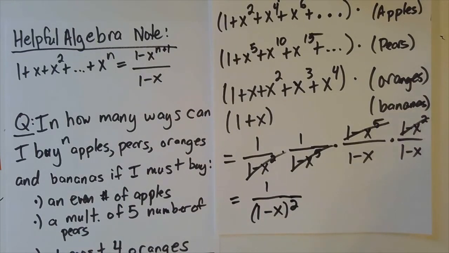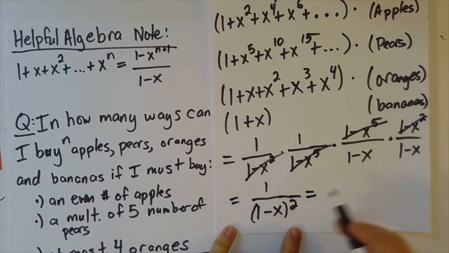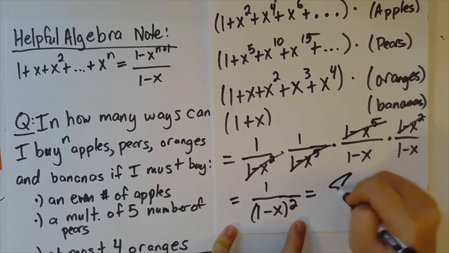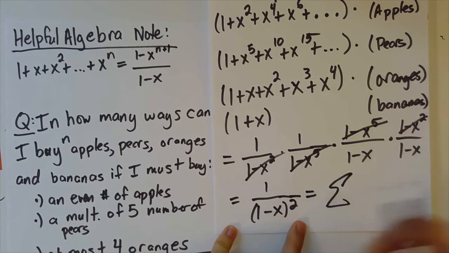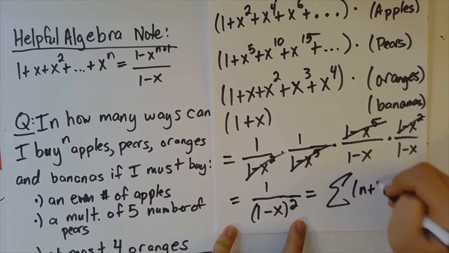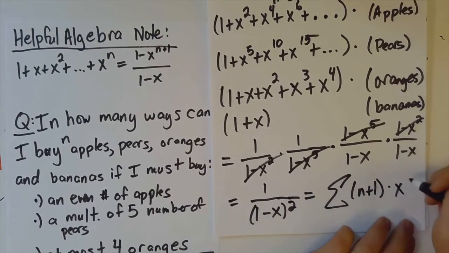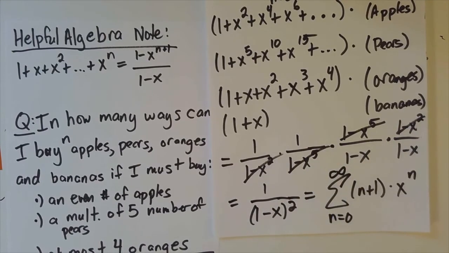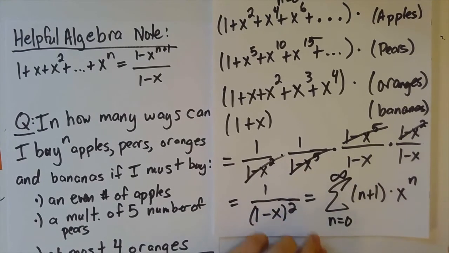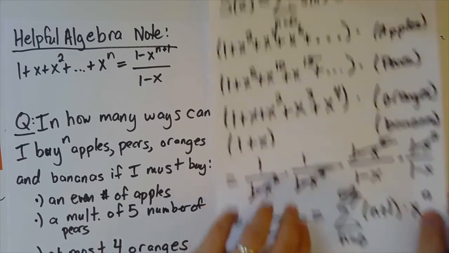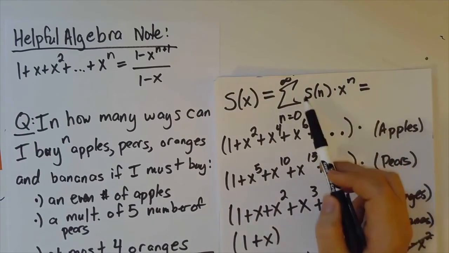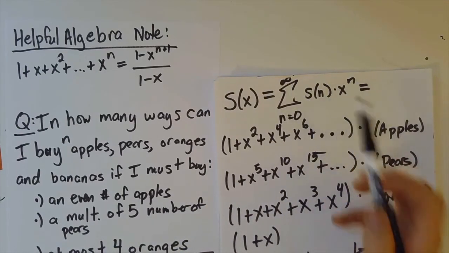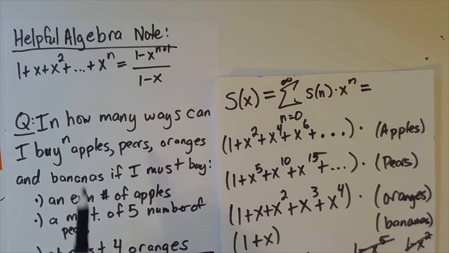And actually, we've seen a couple times now in a couple different ways that we know the expansion for this. Namely, the power series expansion of this function is the sum of n plus 1 times x to the n, as n goes from 0 up to infinity. And so the coefficient of x to the n is the number of ways to answer this counting question.